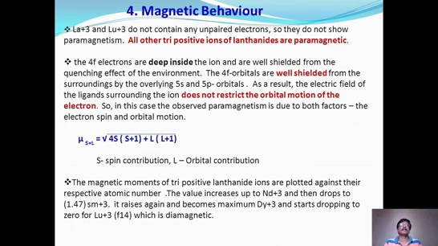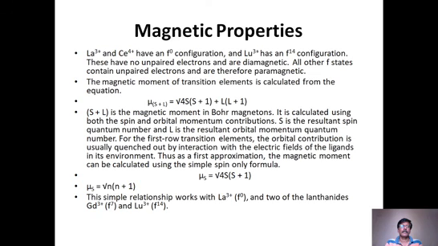As no unpaired electron is present, it will not show magnetic behavior. For general purposes, we take root of n into n plus 2, because we take 4S into S plus 1, which is common. But in this particular case, we consider both orbital motion as well as spin-only motion. So both are taken into consideration to measure the magnetic properties of lanthanides.